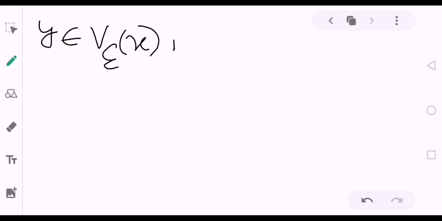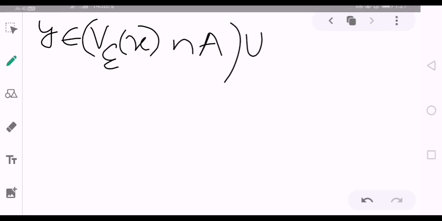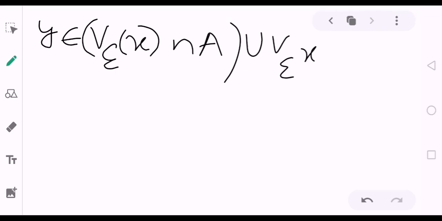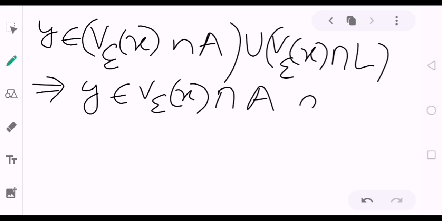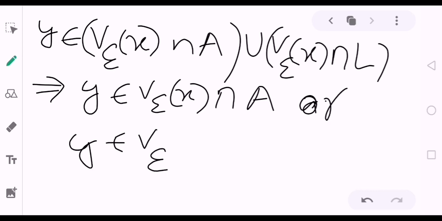We have y is an element of (V epsilon x intersection A) union (V epsilon x intersection L), which implies y belongs to V epsilon x intersection A and/or y belongs to V epsilon x intersection L. That is the basic property of when an element belongs to a union.